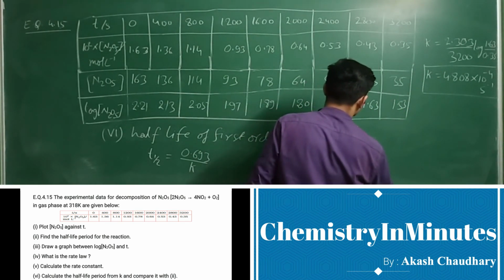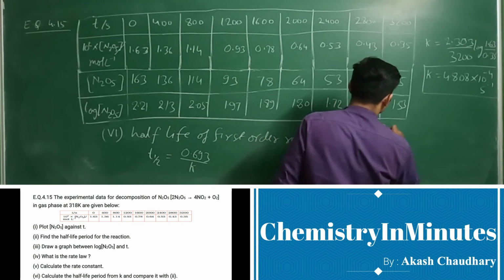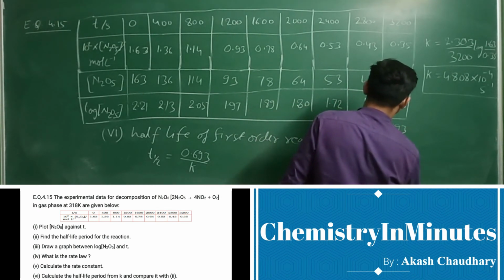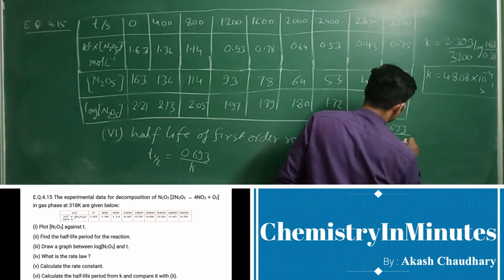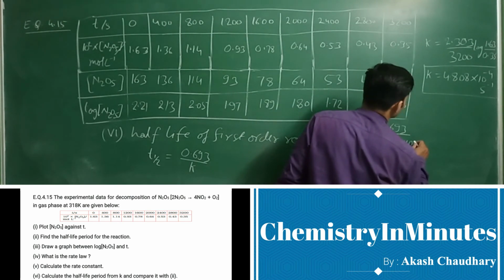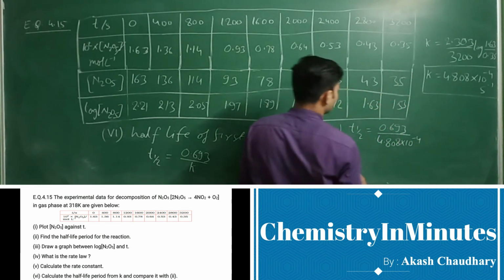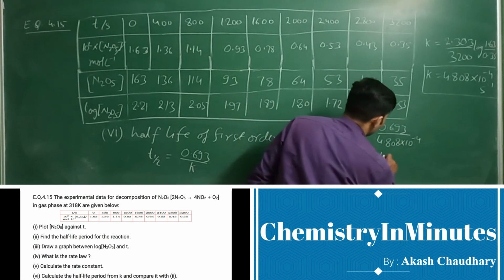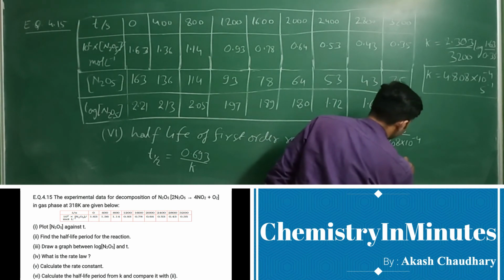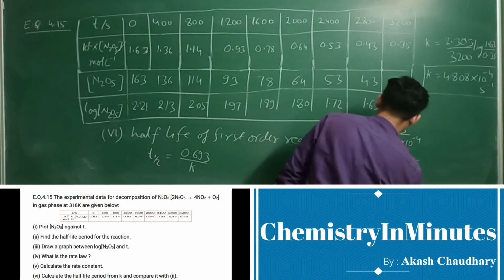T half equal to 0.693 upon K, which is 4.808 into 10 raised to the power minus 4. So this will come as T half equal to 1441.23 seconds.